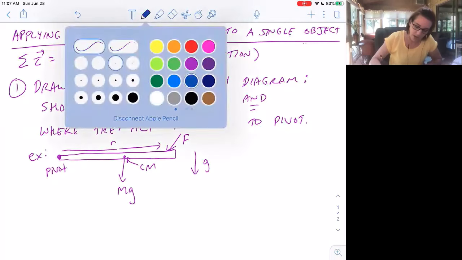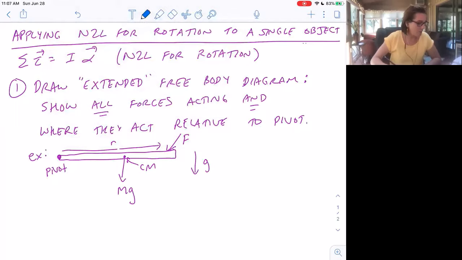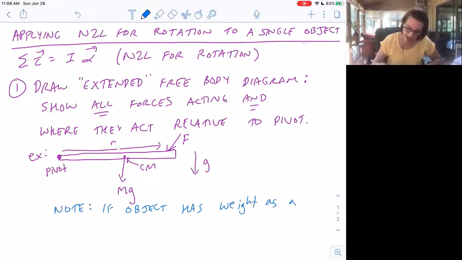So that's going to be an important point: if the object has its weight as a force acting on it, not at the pivot (if it's at the pivot, we often don't care), then the weight acts at the center of mass.